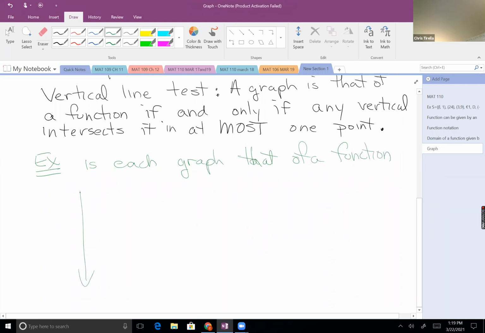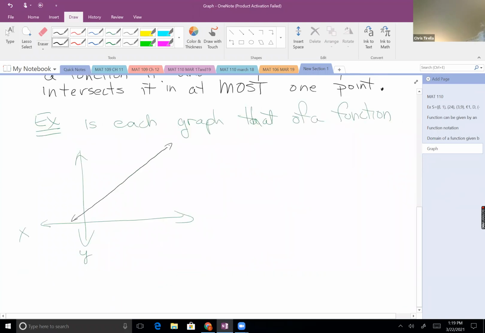Let's say I have on my graph a slant line. With my slant line, if I picture trying to draw in all sorts of different vertical lines, I'll do them with this highlighter. You notice how each vertical line only crosses it in one place. So here my answer would be yes.